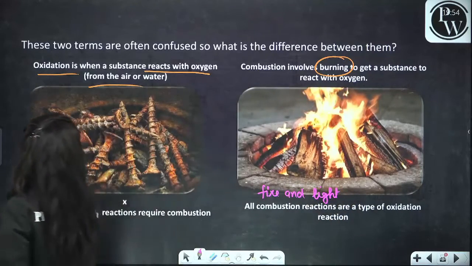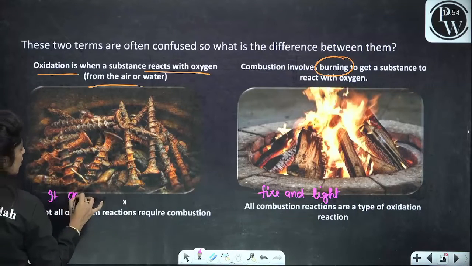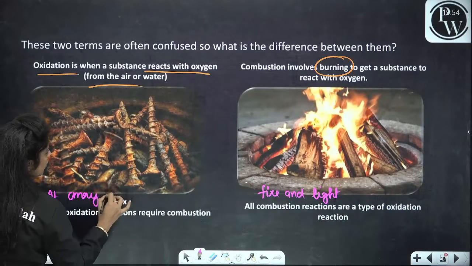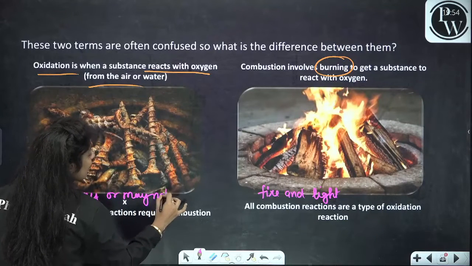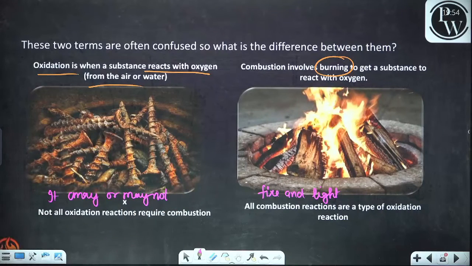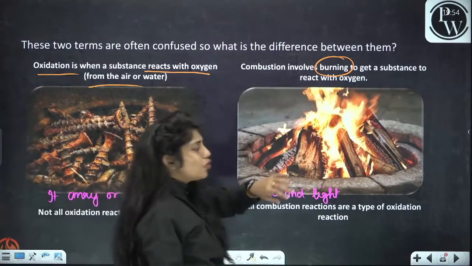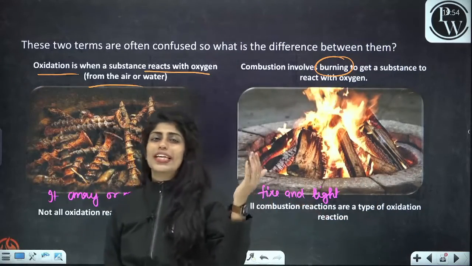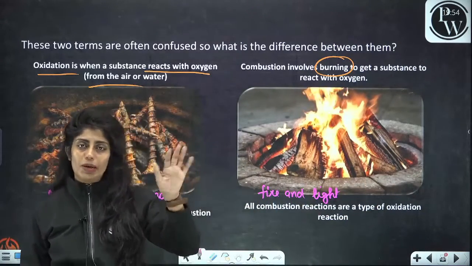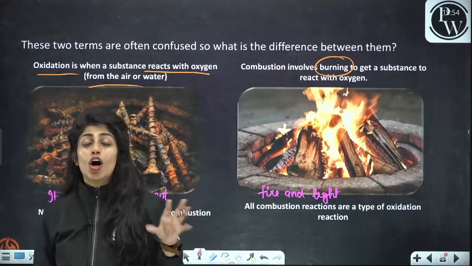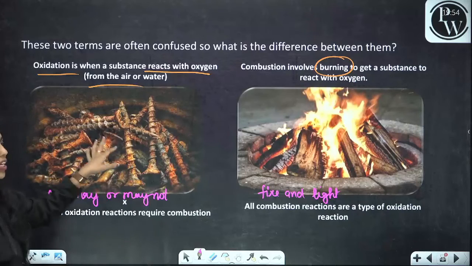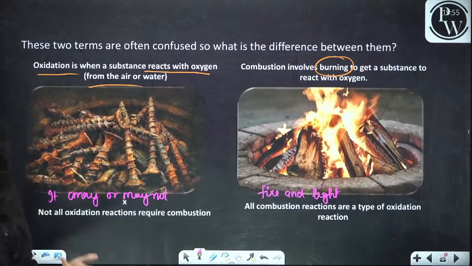Here it may or may not produce fire or light as a result. Combustion does not require any oxidizing agent or catalyst. You just require flame, heat and your fuel, heat and your oxygen. In this case, you require some kind of catalyst.